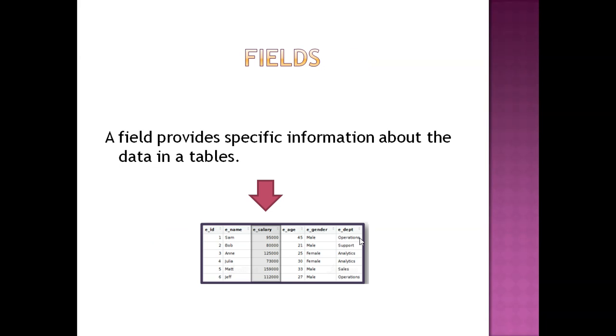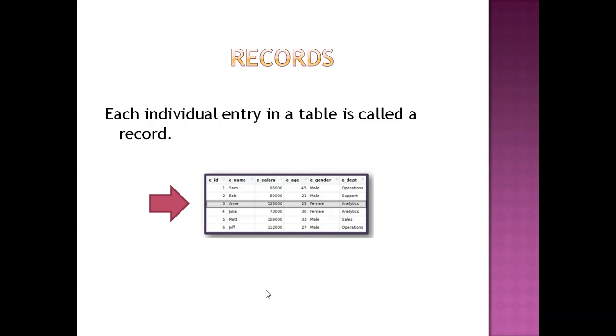If I talk about fields only, a field is specific information which is contained only in one column. If you see the arrow and the data, I have selected only one field, the specific information related to that column, that is called a field. If I go row-wise, this is called a record. If I have information related to an individual entry, meaning the whole entry, one line including all the columns' data, that is called one entry.